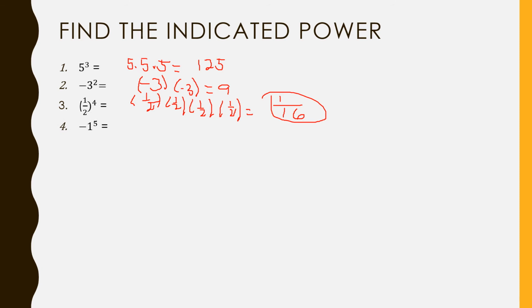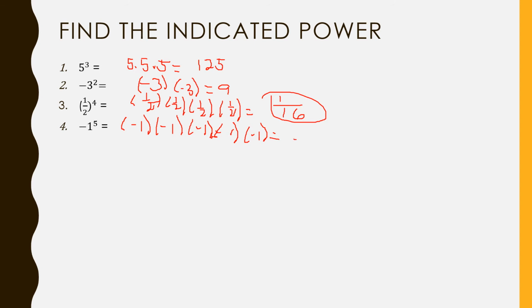Number 4. We need to multiply negative 1 five times. Negative 1, negative 1, negative 1, negative 1. Negative times negative is positive. Positive times negative is negative.